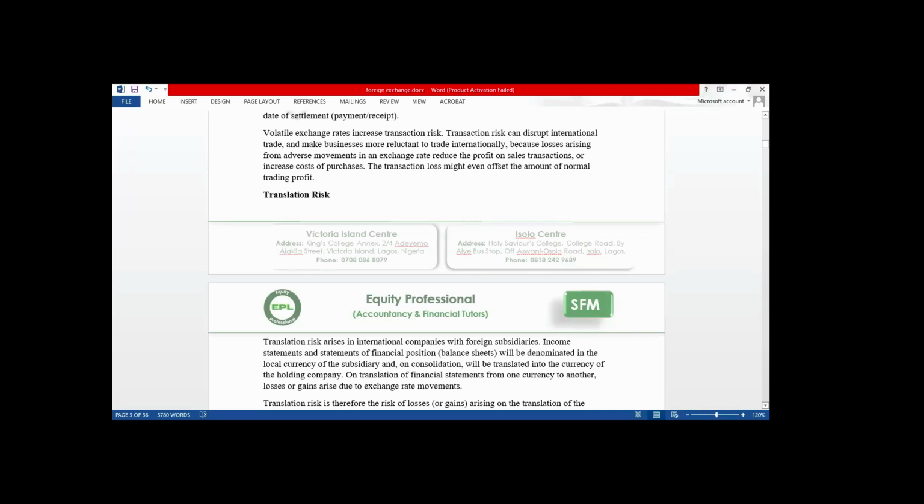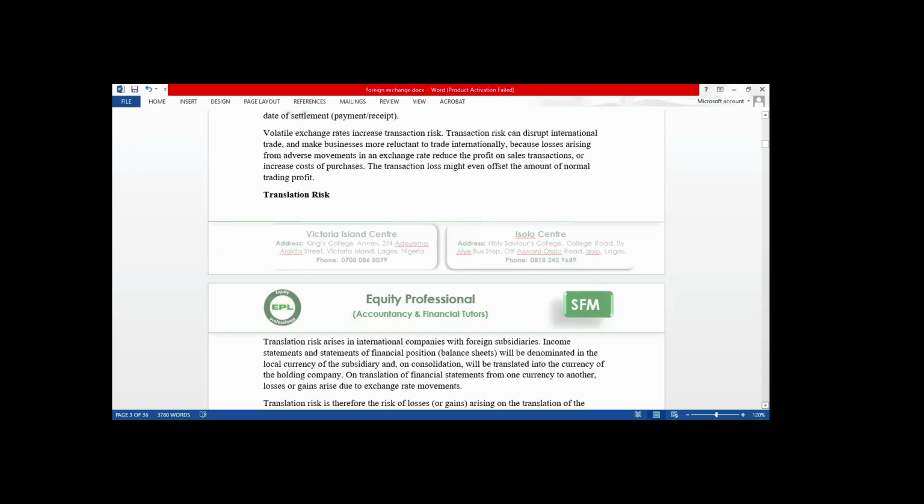At the end of the financial year, the parent company of the multinational will be required to prepare a consolidated financial statement covering the activities of subsidiaries. That means the assets and liabilities of the foreign subsidiaries denominated in different currencies will be converted to the currency of the parent company.